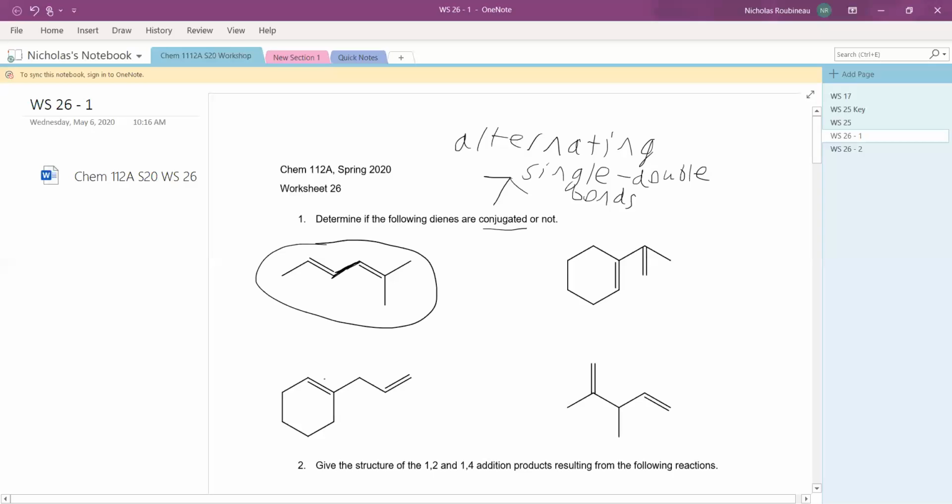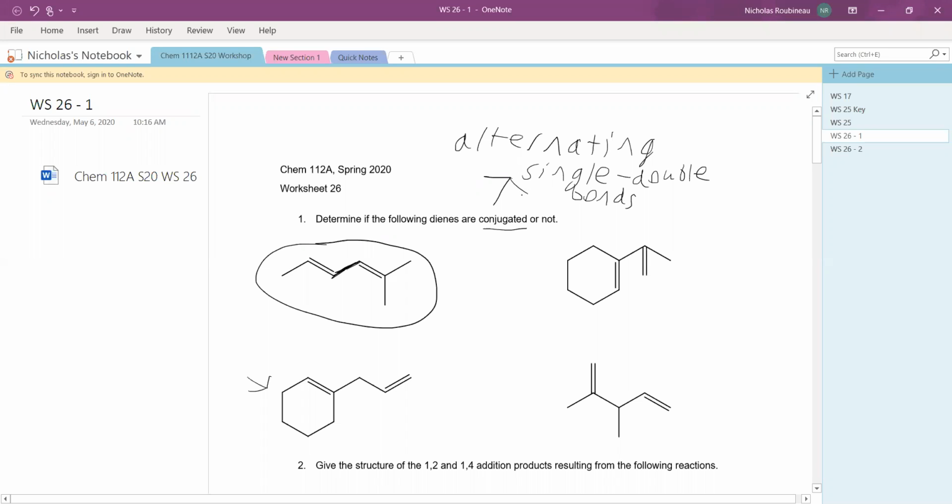What about this one, bottom left? Is that conjugated? So remember, we have to have alternating single and double bonds.